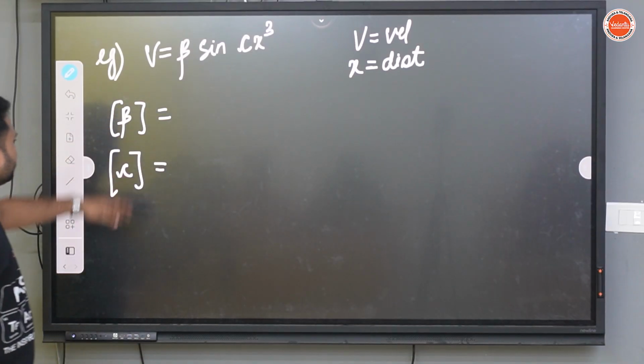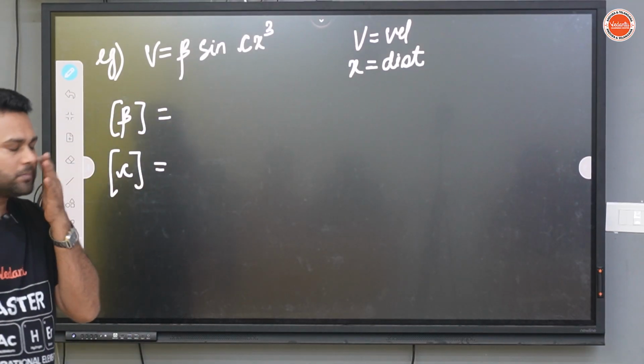They are asking you to tell the dimension of beta and the dimension of c. See, try to focus once. Correct? They are asking the dimension of beta, they are asking the dimension of c.